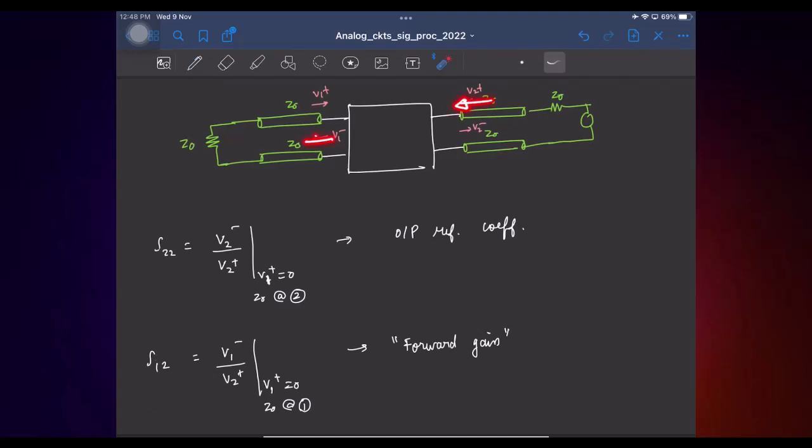I want to find what leaks to the first port. So this is basically the reverse gain or reverse isolation, right? Because in many cases you don't want things from the output port to leak to the input port. You want this in many cases to be as low as possible. Okay.